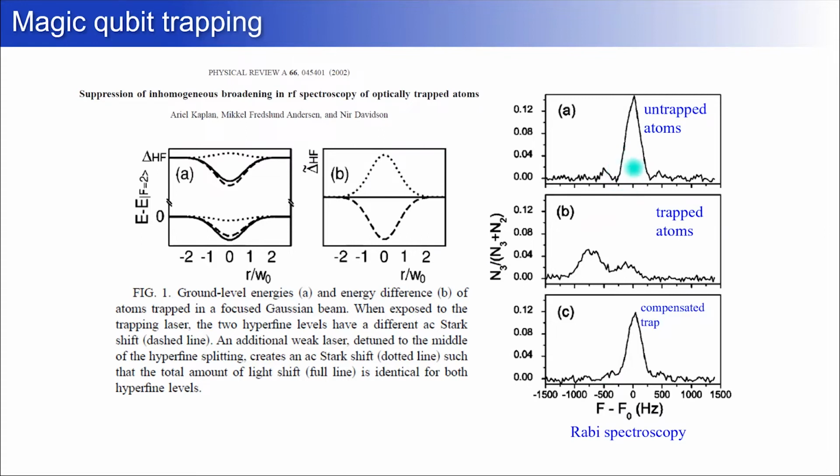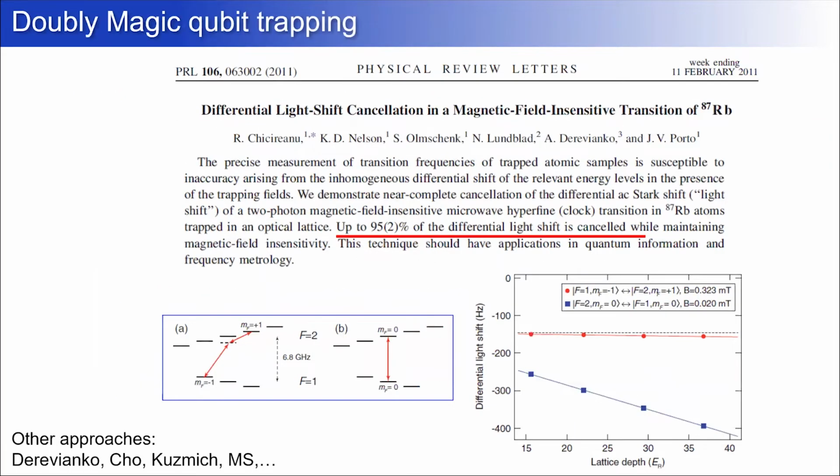In practice, it can be tough because the compensation laser may be a different wavelength than the trapping laser, and it's hard to spatially mode match everything. But that's one approach. There have been other approaches developed. You can also cancel the magnetic shift. Here's some really nice work from Trey Porto's group, who's in the ARCUS Center, where they showed that you could cancel the differential light shift while simultaneously being insensitive to magnetic field noise.